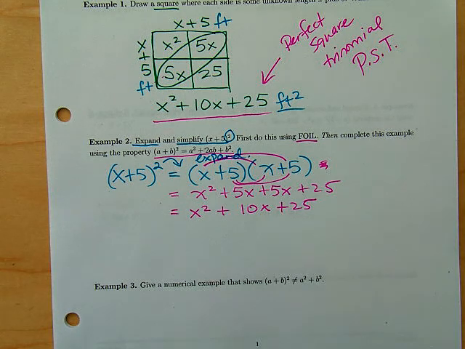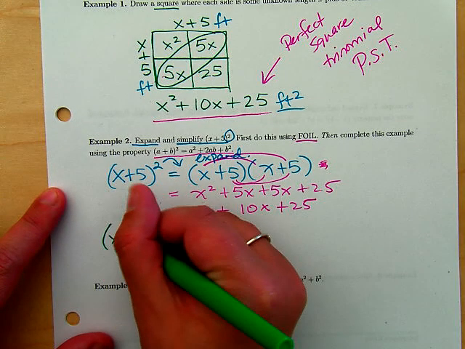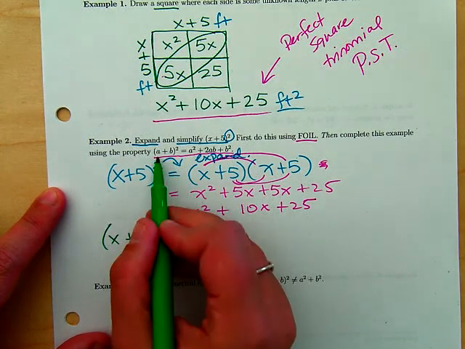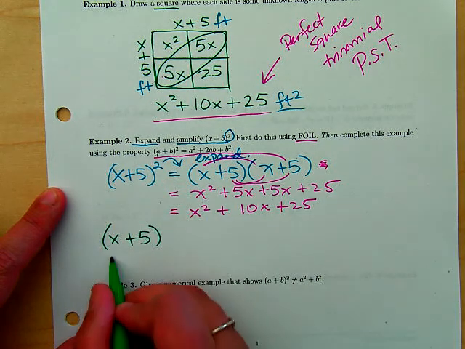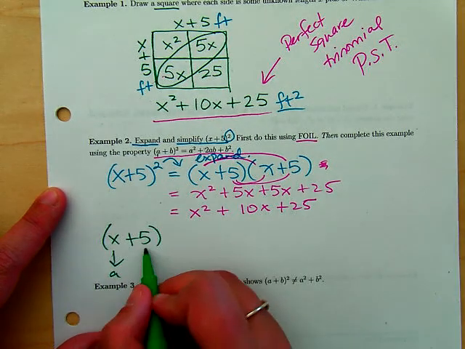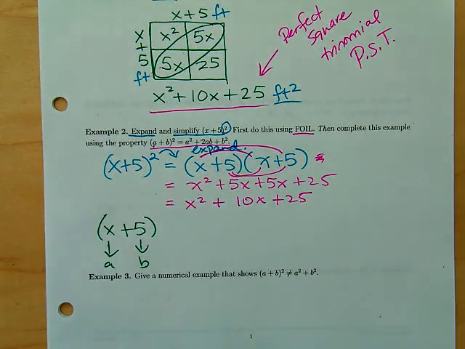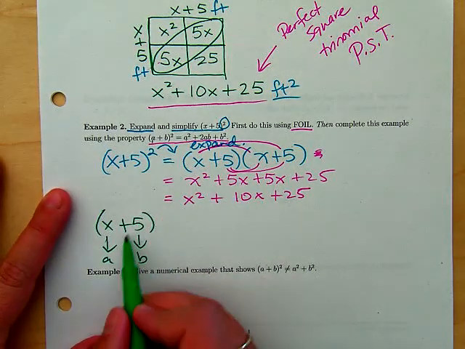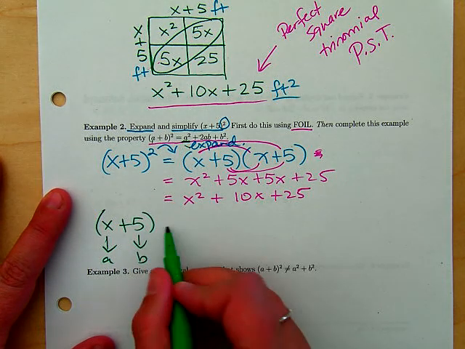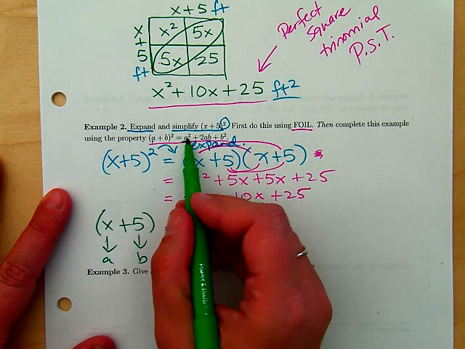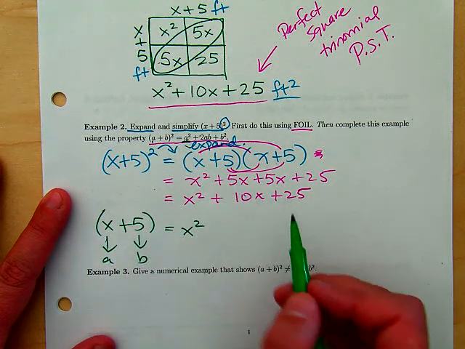So it says if we have x plus 5, then in the formula, x is equal to a, and 5 is equal to b, just meaning I'm going to have two different numbers there, okay? What the formula is saying is square the first one, that's x squared, so a squared.